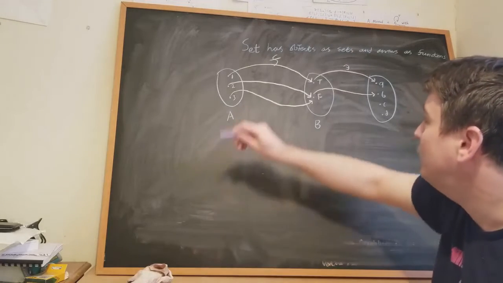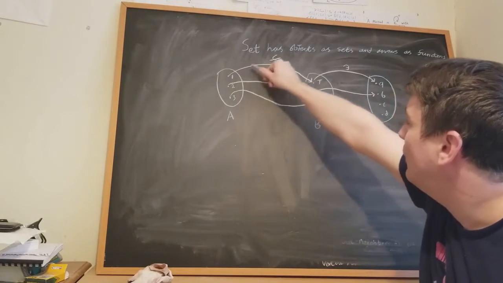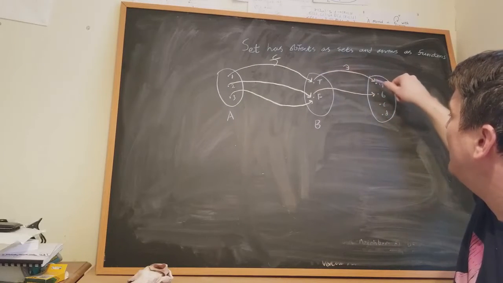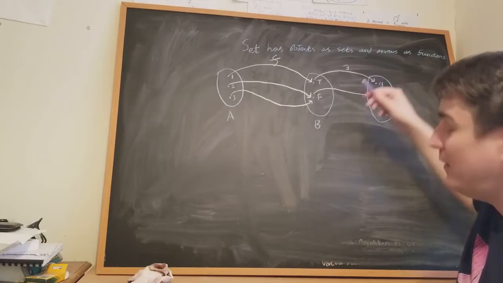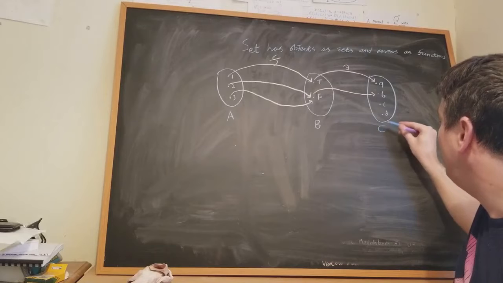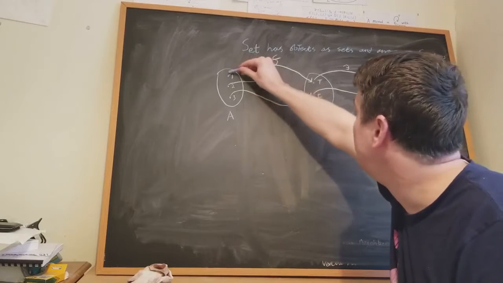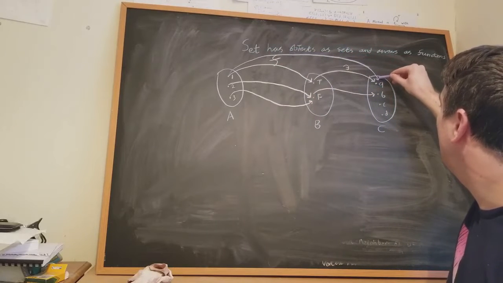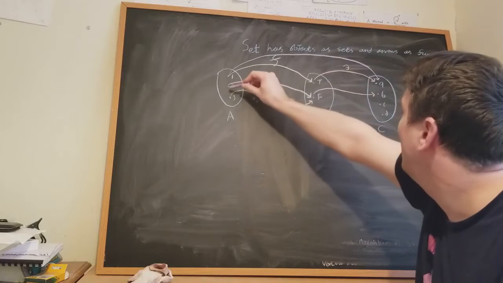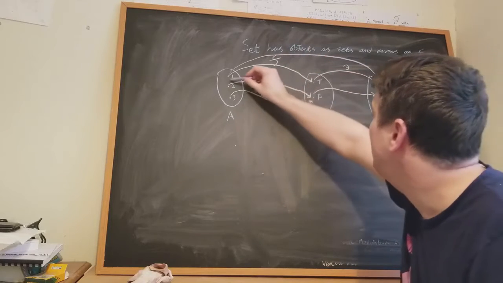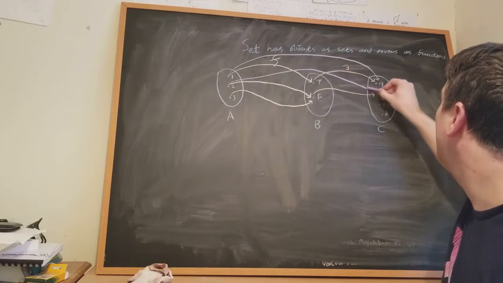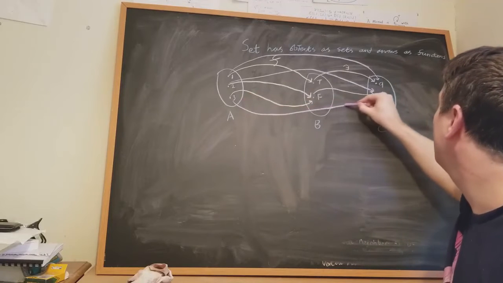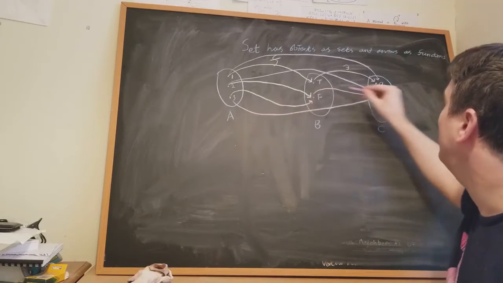Basically it's pretty straightforward. We just go along an arrow f, see what element we're at, and then follow the arrow out of that element with g and see where it ends up in this set, capital C. So the composition of these two functions looks like this. 2 goes to f, goes to b, so in the composition 2 just goes straight to b. 3 goes to f, goes to b, so in the composition 3 just goes straight to b.